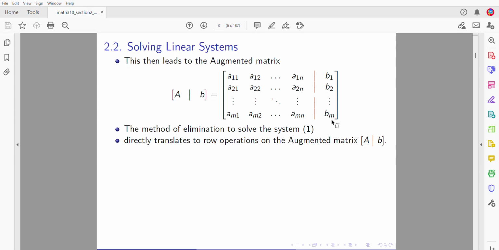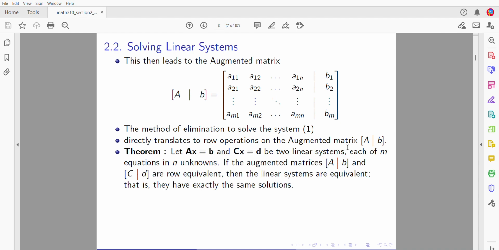The system we just saw directly translates to row operations on the augmented matrix AB. When you have a system of equations, we are allowed to interchange rows. We are allowed to multiply one equation throughout by some number or divide by some number. We are allowed to take a combination of two equations.